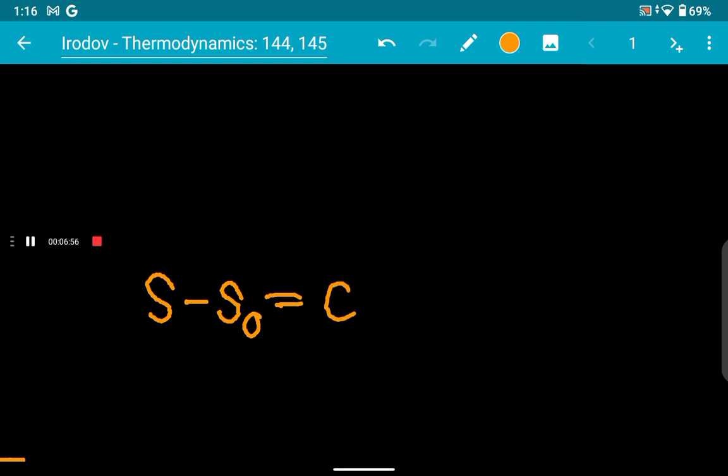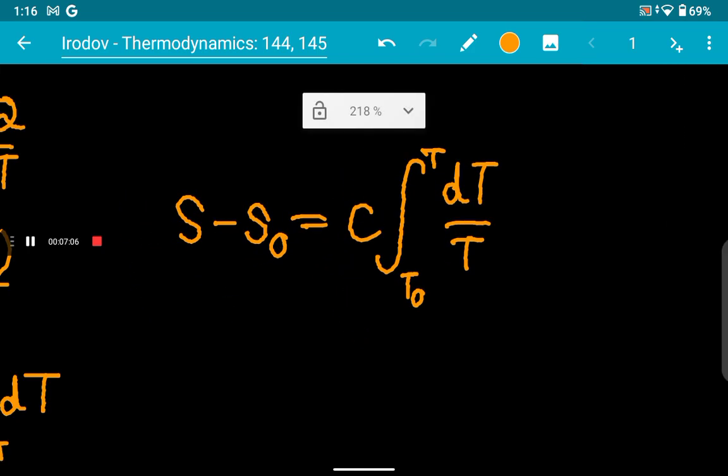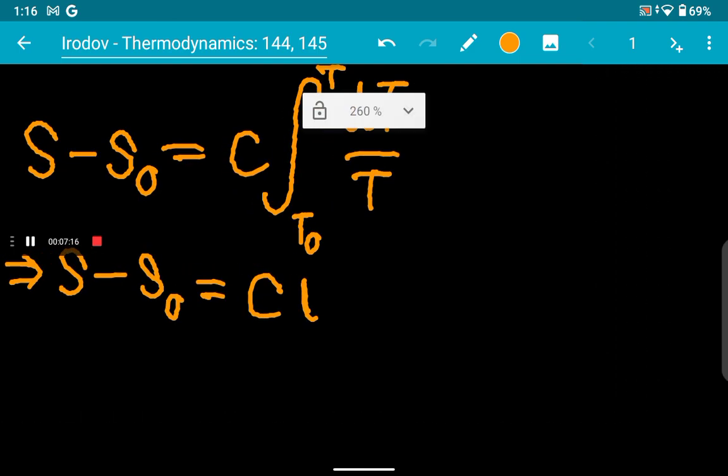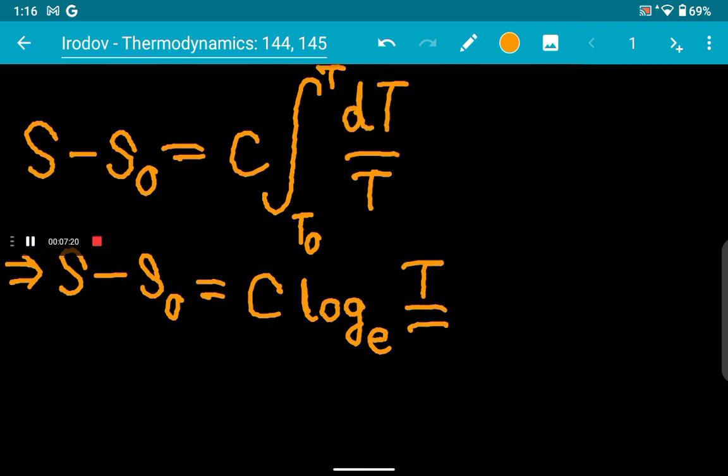So this will be the integral from T naught to T of dT by T. Hence we can write that S minus S naught is C into log base e of T by T naught.